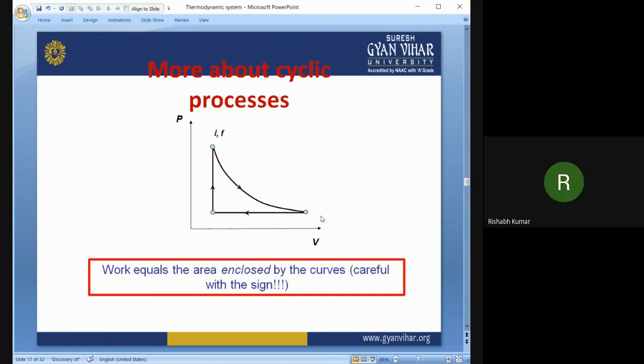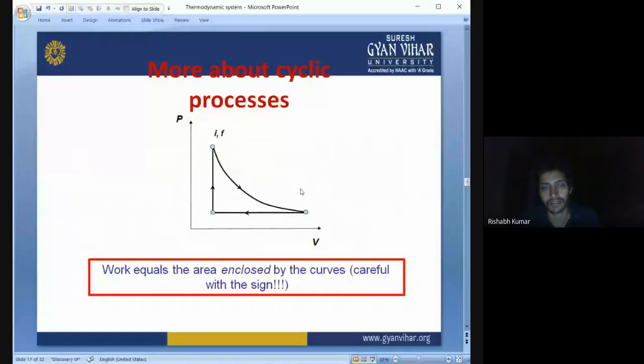But you can see that the direction of the curve or the direction of the process will be different. You can see it is clockwise. The direction of these thermodynamic processes is clockwise, right?